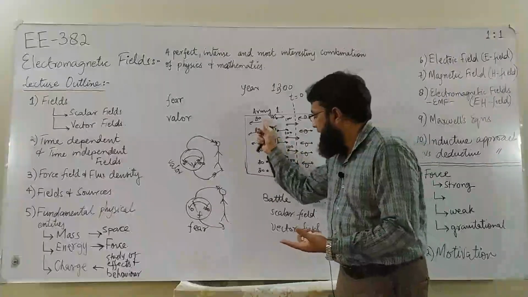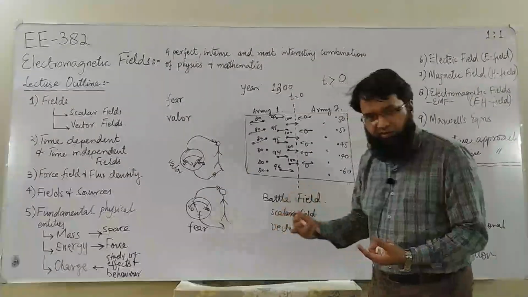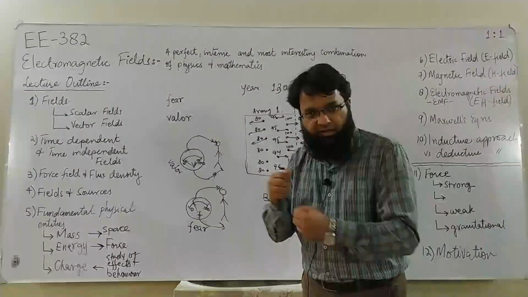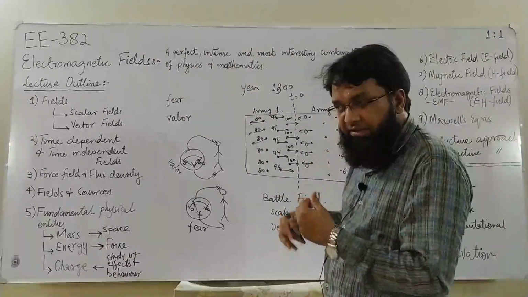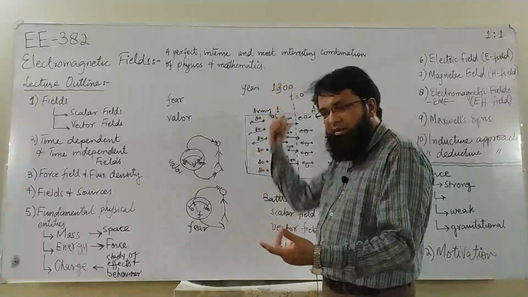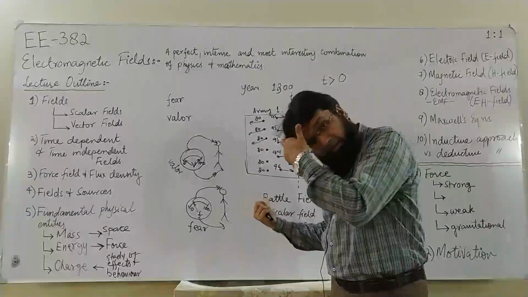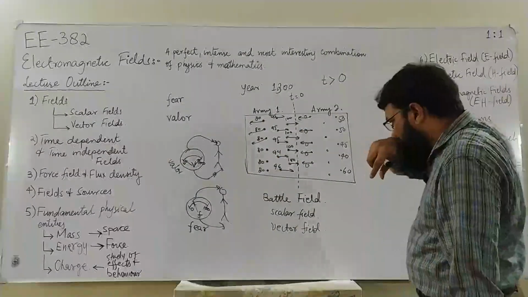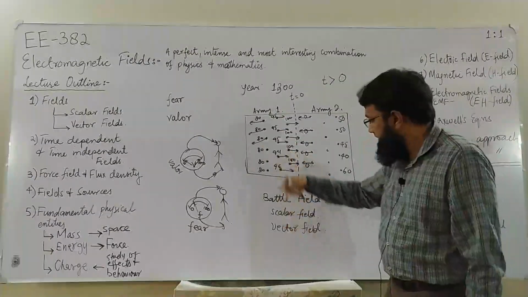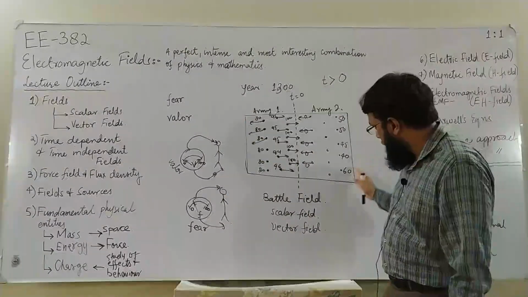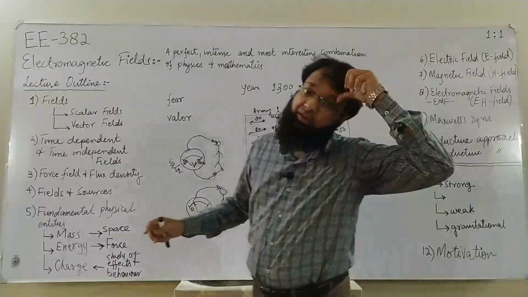Effect is what? Valor is the effect. Fear is the effect. Velocity of each soldier is the effect of that battlefield. All right. So if that effect is a scalar quantity, this whole battlefield becomes a scalar field.